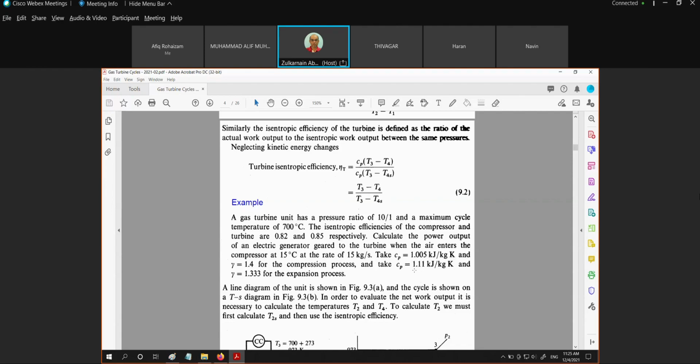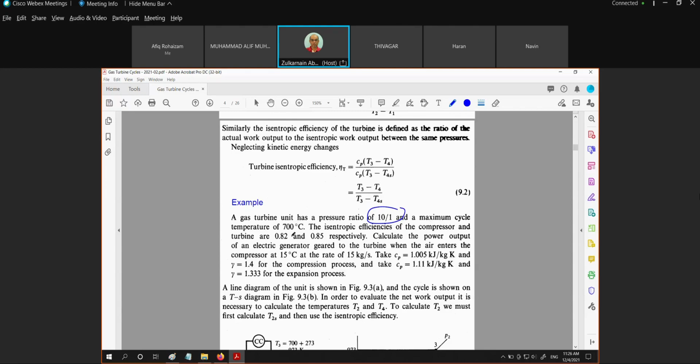And when we see this question, we have a gas turbine unit, and then we have the pressure ratio of 10/1, the maximum cycle temperature of 700. And given the isentropic efficiencies of compressor and turbine, meaning that this is not an ideal cycle, whereby we have losses during the compression and expansion process. In this case, we are going to use only one turbine, one compressor, and one combustion chamber.